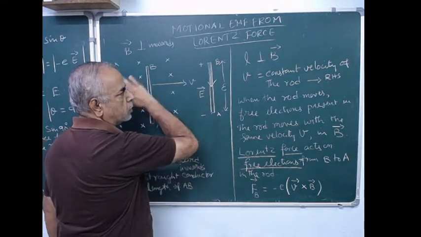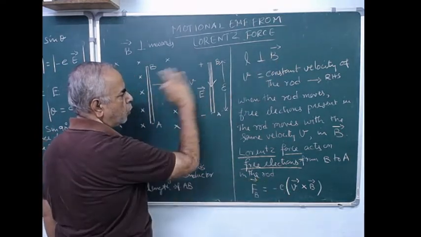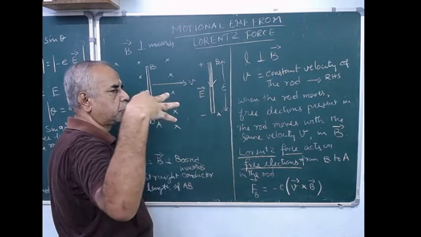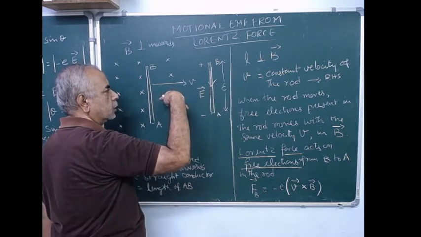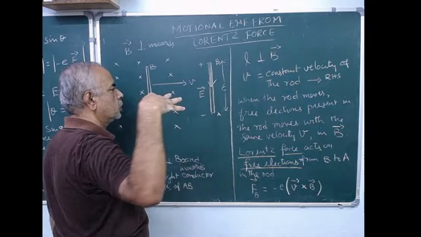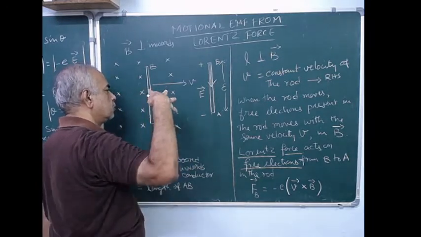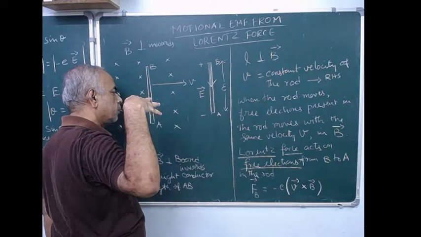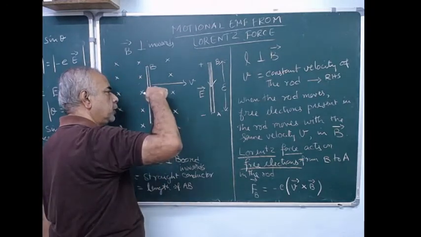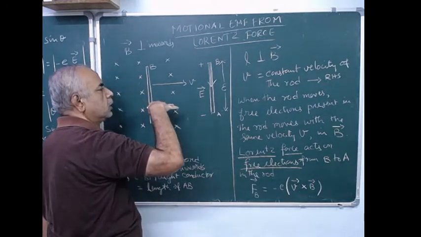This is the plane of the paper or plane of the board. All these magnetic lines of force will be moving from the external point to the internal point, crossing the board.